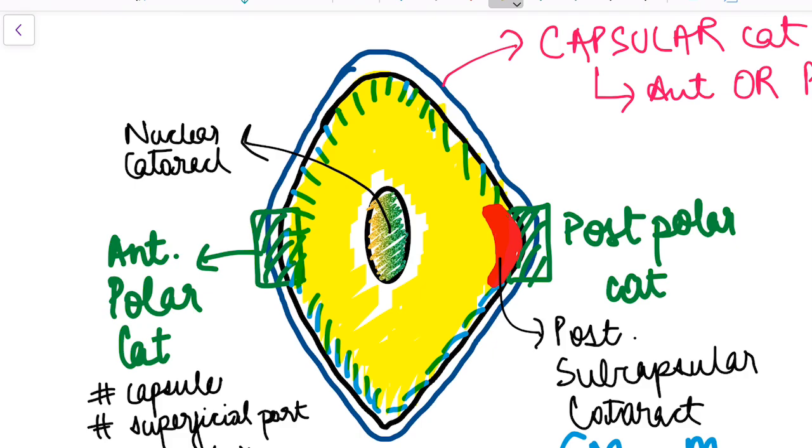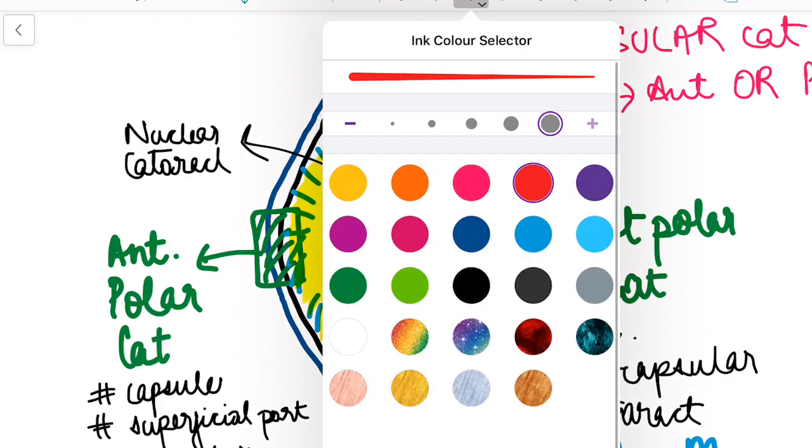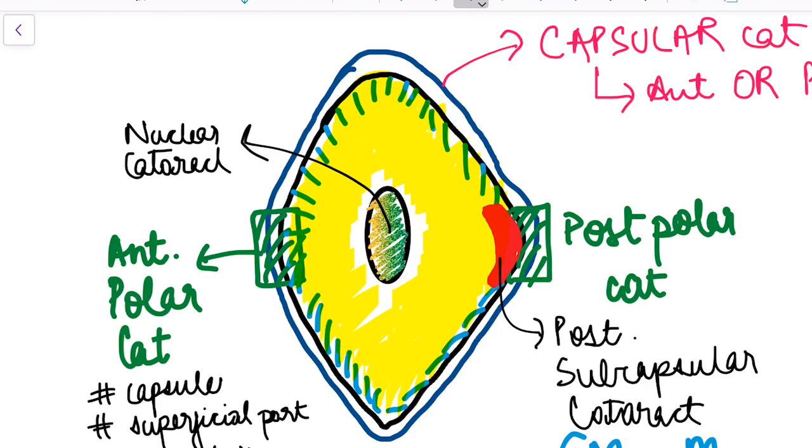Okay, so one more cataract which we would like to know is lamellar cataract. Lamellar cataract or zonular cataract, same thing. Why is it called lamellar cataract or zonular cataract? Because only a zone of the cortex is involved, only a zone, like a layer. That is why it is called lamellar cataract, right?